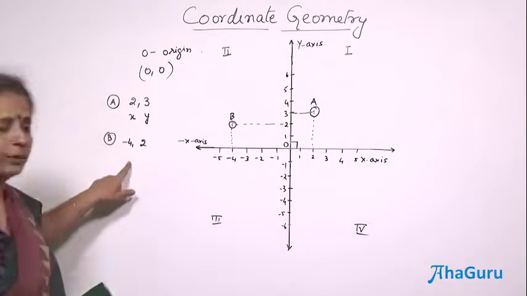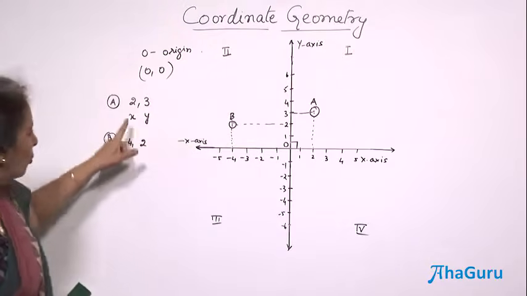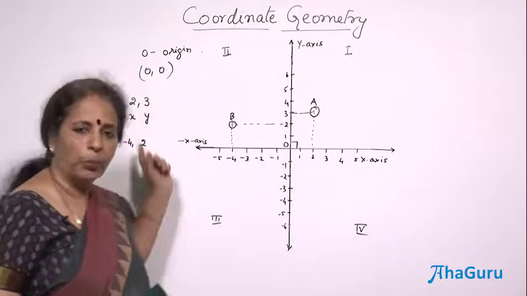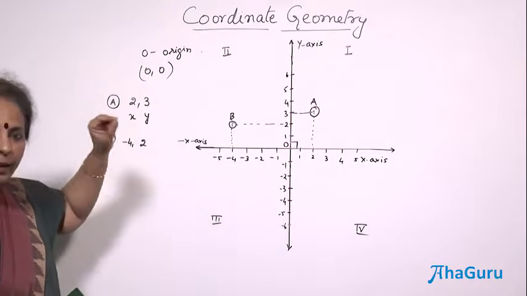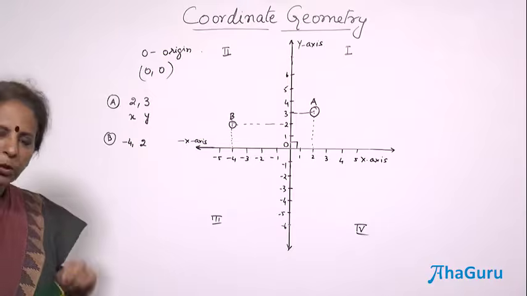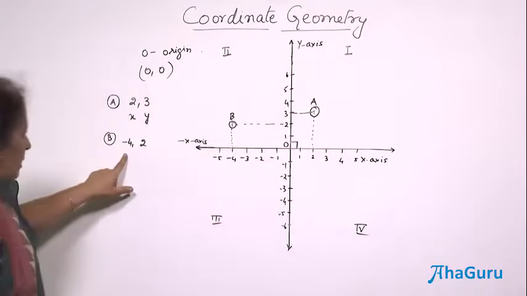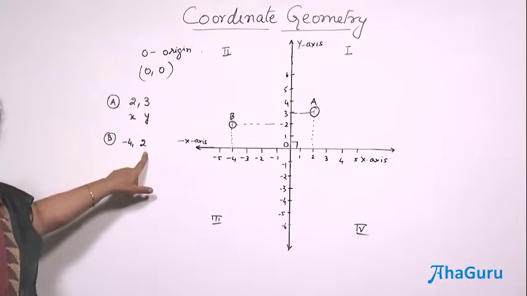And where does it lie? Now which quadrant are we talking about? Quadrant number 2. So already you are able to see that in quadrant number 1, both x and y will be positive. Any xy number if it is given as both positive, you need not look anywhere, it will be here only. Look at this point. Now x coordinate has become negative, but the y coordinate becomes positive.